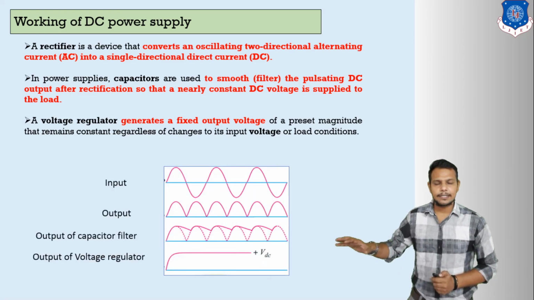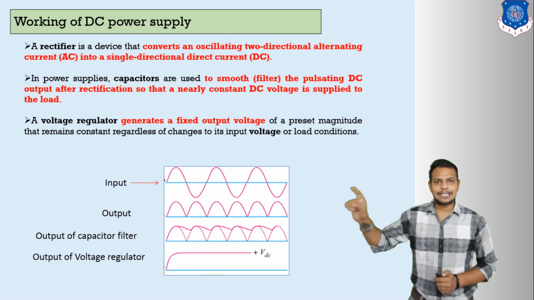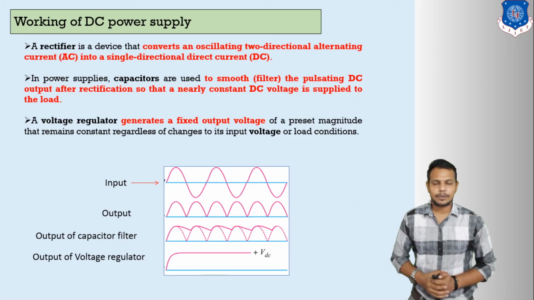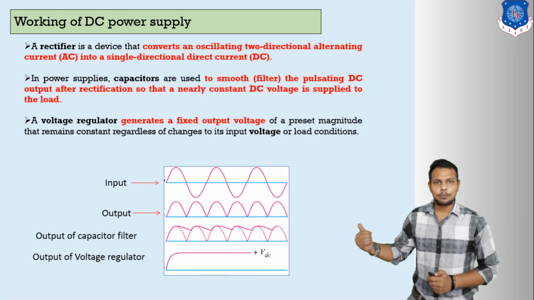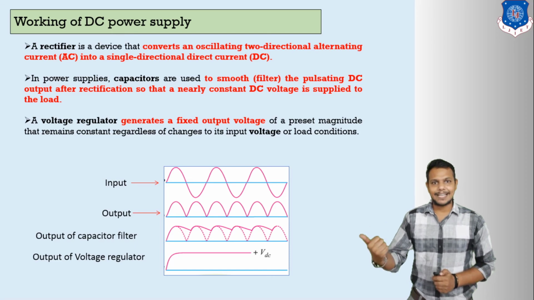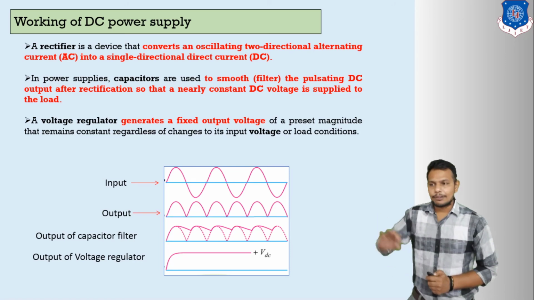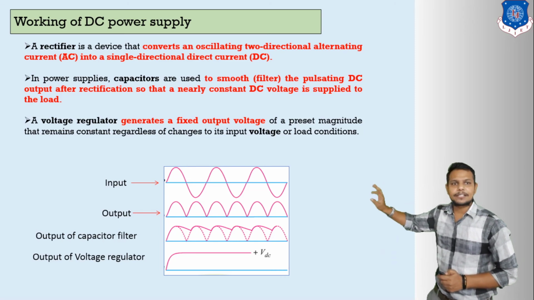So here we can see the different waveforms. First is the input. If we enter this type of input across this step down transformer, after the processing we will get output in the form of a full wave rectifier, or we can say bridge rectifier. If we connect a capacitor across the load resistor, then we will get the output of the capacitor filter.